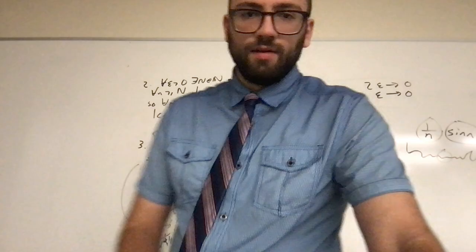Since you can pick it for any epsilon, we can pick it for any epsilon over 2. And we'll do the same thing. Also, yn approaches b means that for all epsilon greater than 0, there exists a natural number N such that for all n greater than or equal to N, yn minus b is less than epsilon over 2. I think that's right.